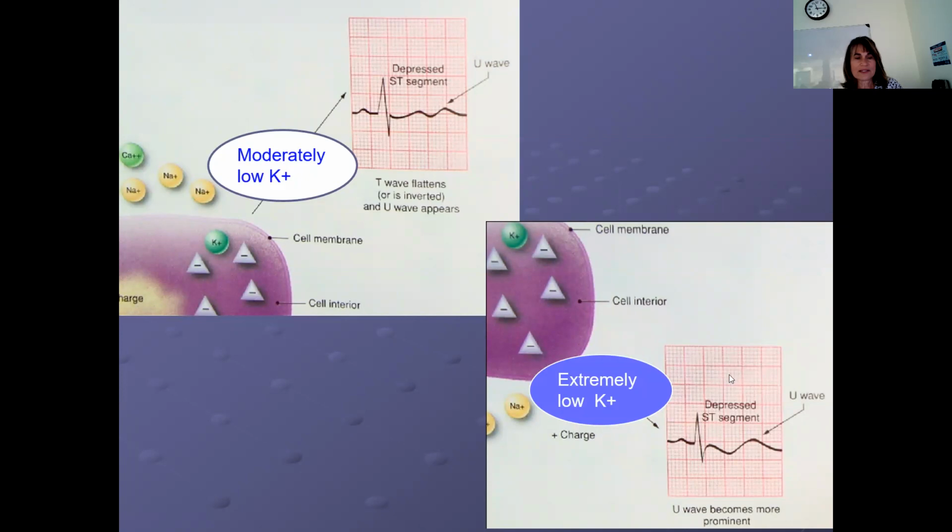I feel like we looked at this. I don't know if it was a strip at Broward or. But if the ST segment isn't on your isoelectric line, isn't that indicative of a? So then how do you know it's low potassium versus another? With an MI and having a depressed ST segment, you don't have a U wave. So I guess it's the combination of a couple things that tells you that it's low potassium.